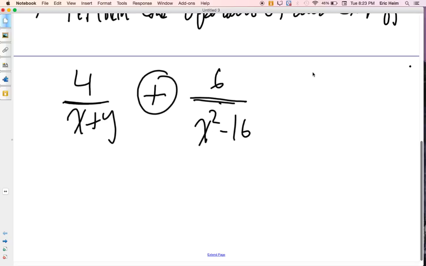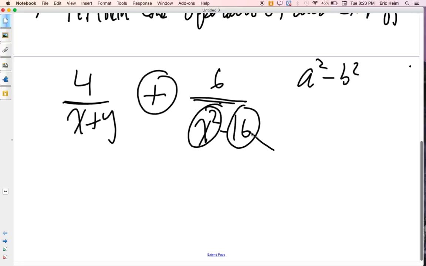There are certain patterns like a squared minus b squared, recognizing that this is 4 squared. A squared minus b squared has a pattern: a plus b times a minus b.